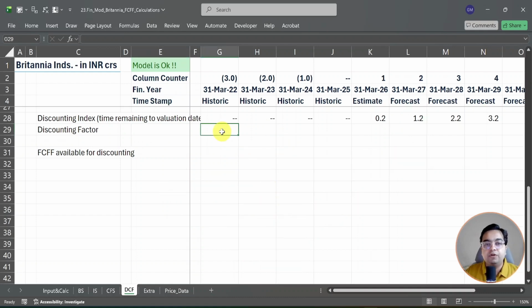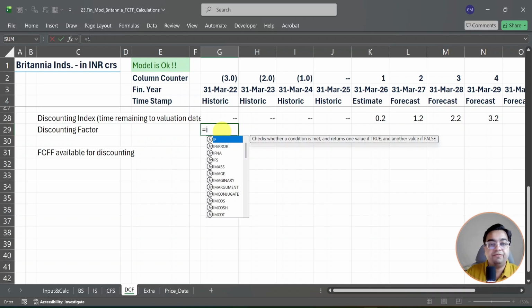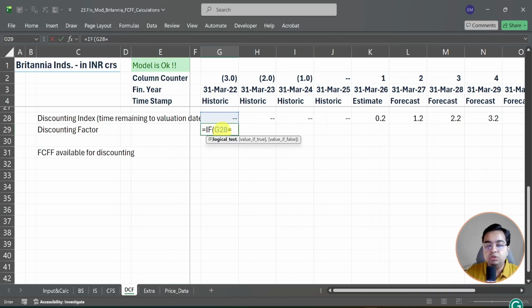So let's use a formula. If this is equal to 0, then give it 0, or else the formula goes like this: start a bracket, 1 divided by, second bracket, 1 plus. Now rate is going to be WACC. We already have the cell reference.